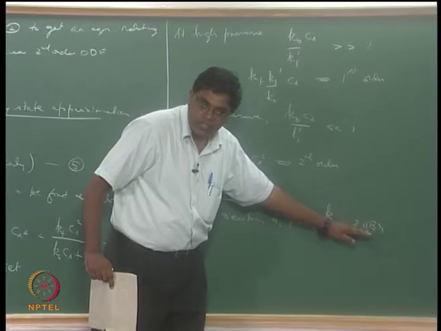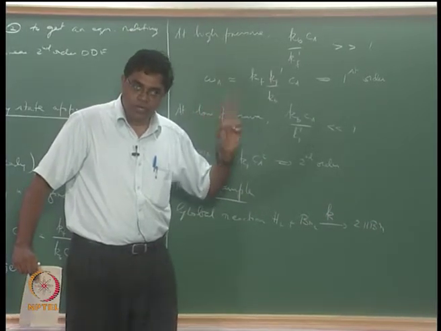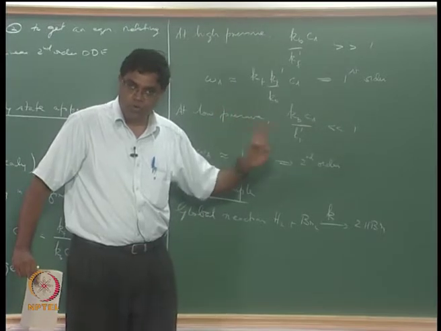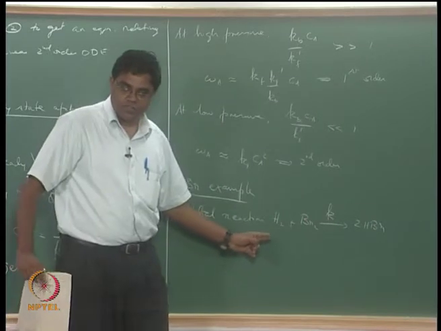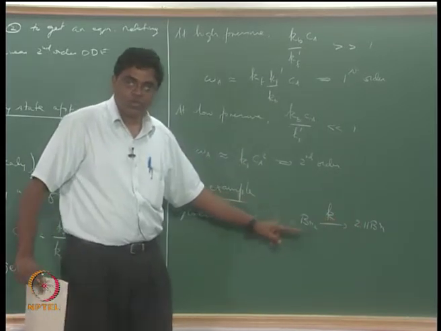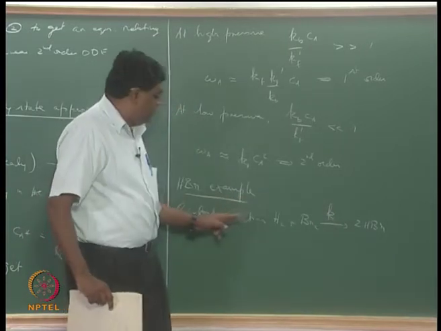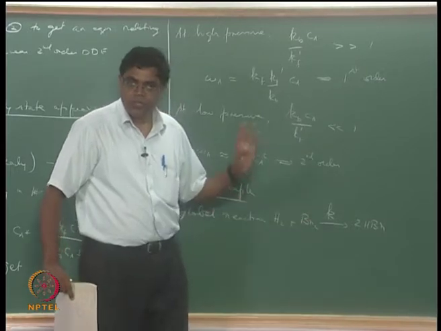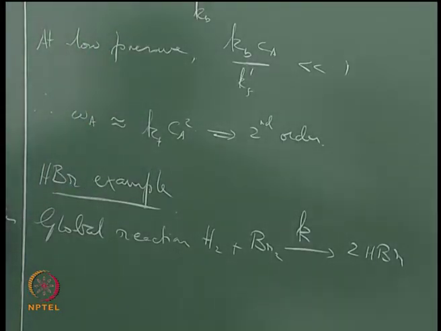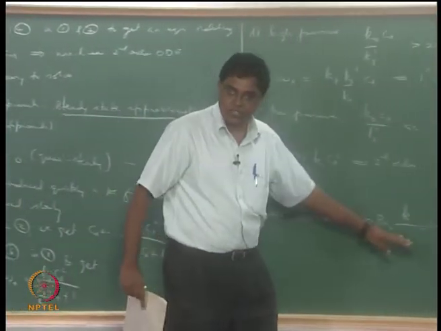dCHBr divided by dt is equal to, we still have to have the nu double prime minus nu single prime. For HBr, nu double prime is 2, nu single prime is 0. So you will have twice K CH2 times CBr2. That means the concentrations will be raised to powers 1 each, if this were a molecular level reaction.